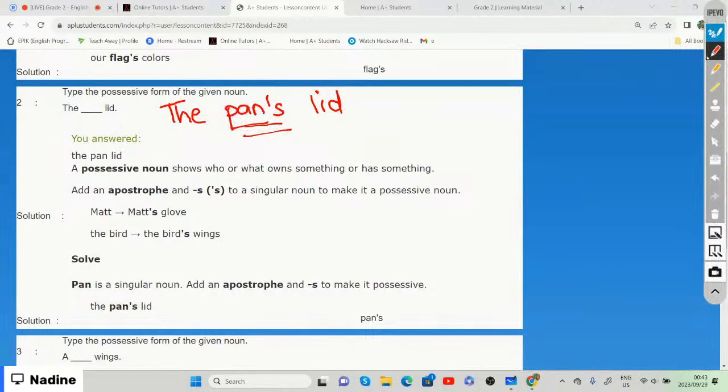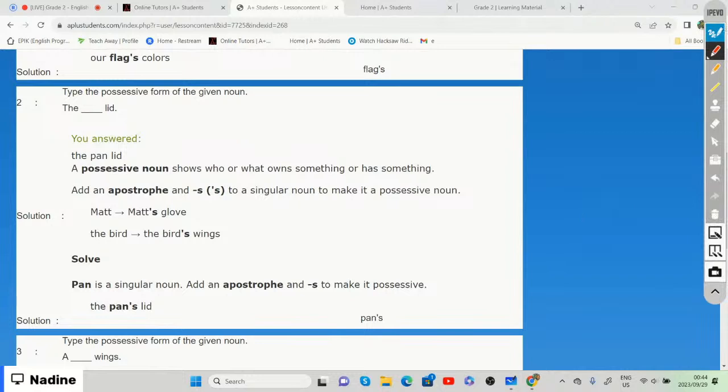It will basically show that it is more than one thing. But in this case, we want it to show ownership. We want it to show that it has something, which means that the pan has a lid, right? The lid belongs to this pan, right? And that is what it means when it shows ownership, or it shows that it has something.